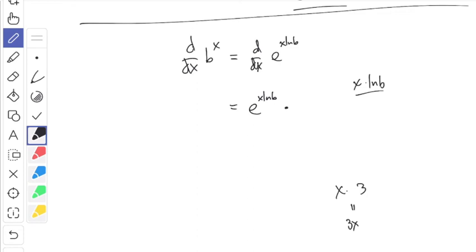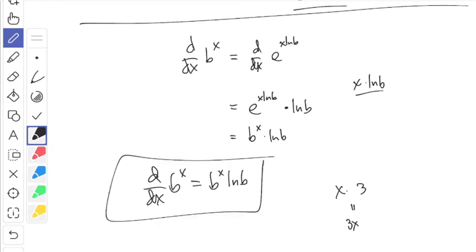But then this e to the x ln b, of course, that is b to the x. So my final answer, and I will leave you with this: the derivative of b to the x is b to the x ln b. All right. There it is, the formula. b to the x ln b.